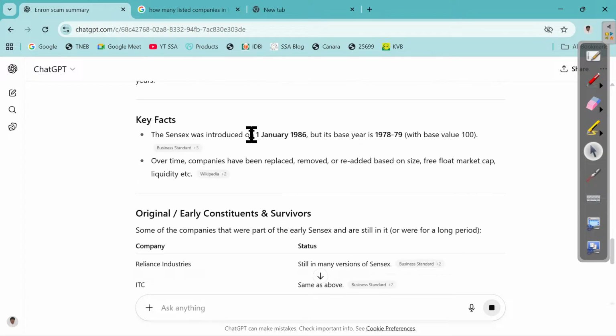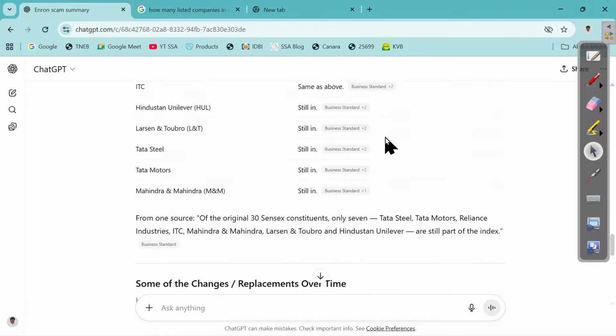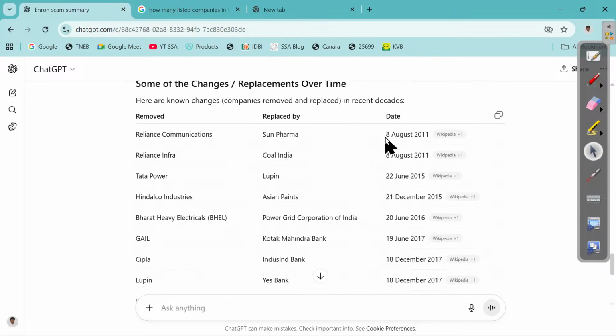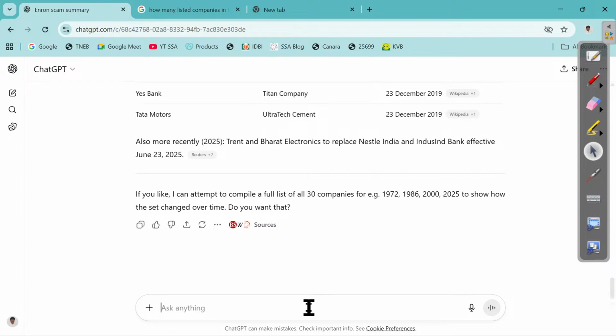The Sensex was introduced on 1st January 1986, but its base year is 1978. I wrongly told you it's 71. It's not 71. It's 78 and 79 with the base value being 100. Let me cross check.